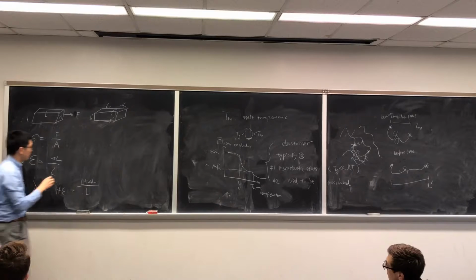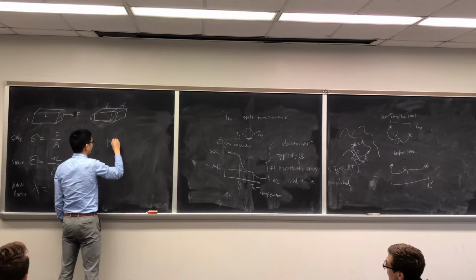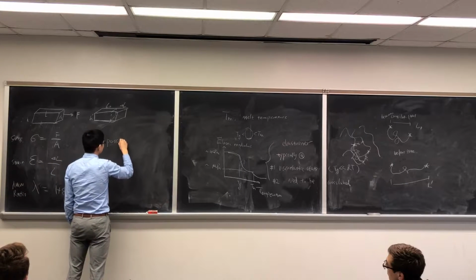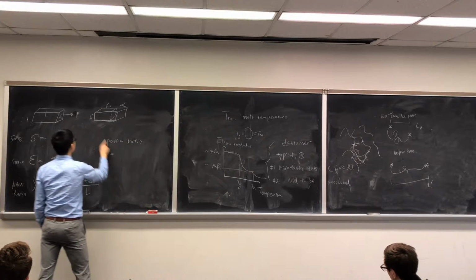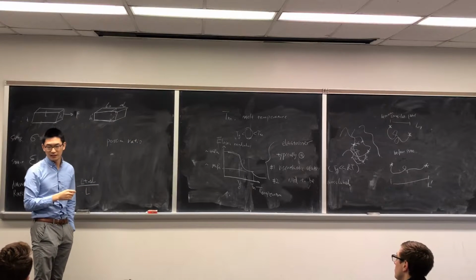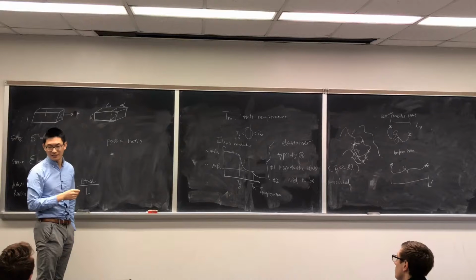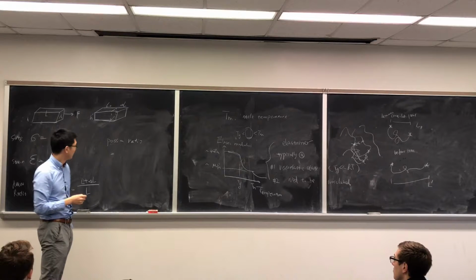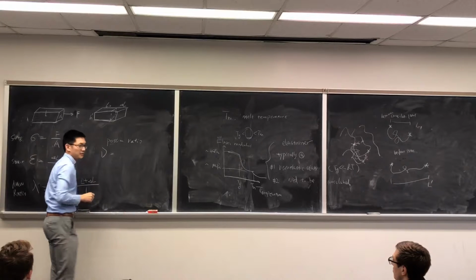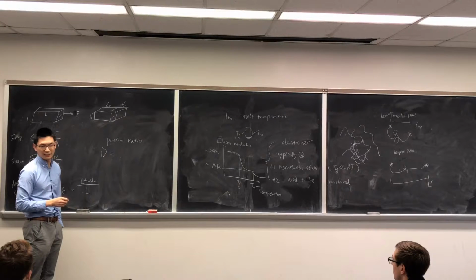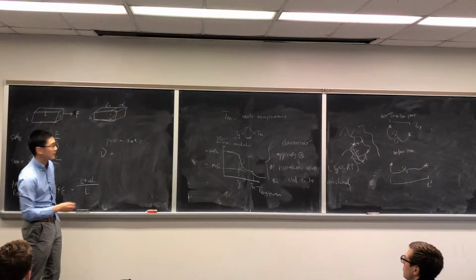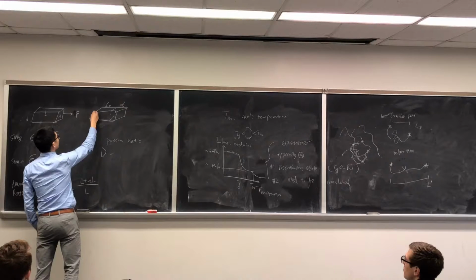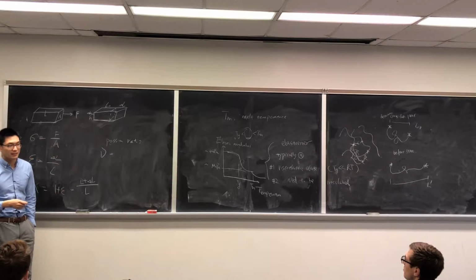So what would be the Poisson ratio? Negative axial strain over horizontal strain. And in this scenario, it's typically written like this. We should have a delta H here in this direction.